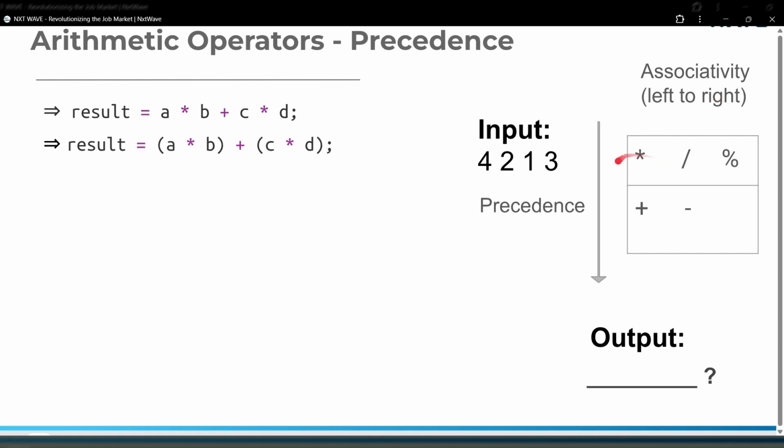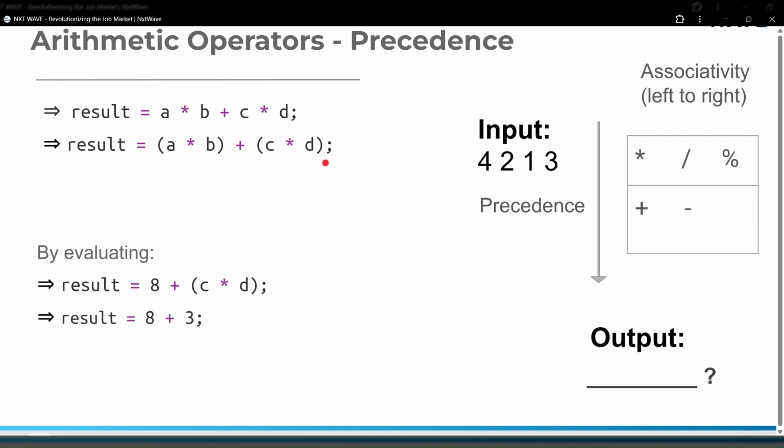We have only multiplication, so we should solve multiplications first. By evaluating, a into b is 4 into 2, which is 8, and c into d is 3. Again we should do addition. By evaluating the addition, it is 11. So the output will be 11.